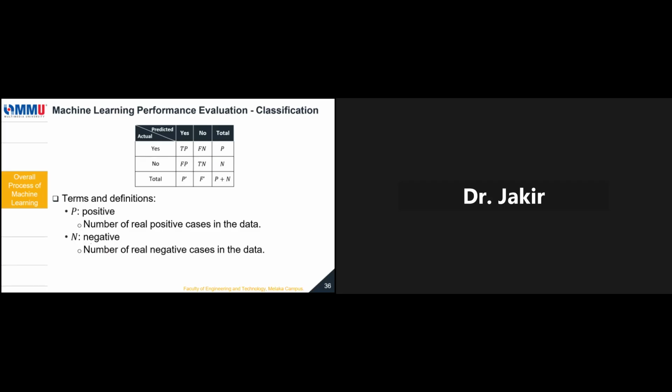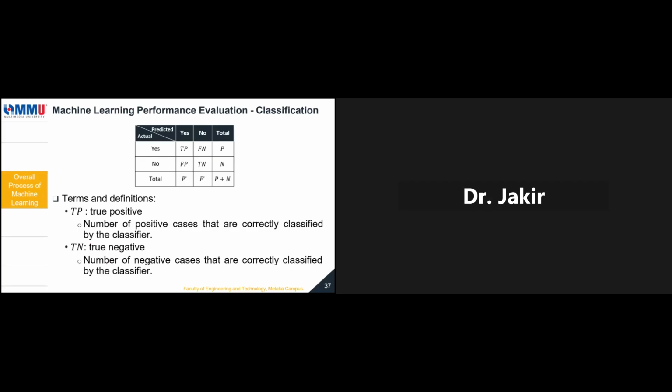Here P means positive and N means negative, and TP is the true positive. Terms and definitions: read carefully here. True positive is the number of positive cases that are correctly classified by the classifier. True negative is the number of negative cases that are correctly classified by the classifier, or by the model.